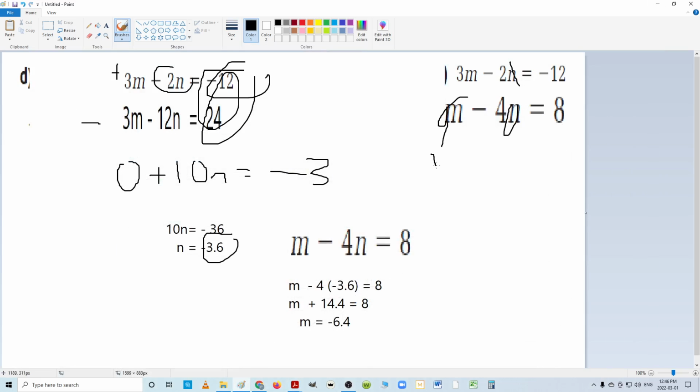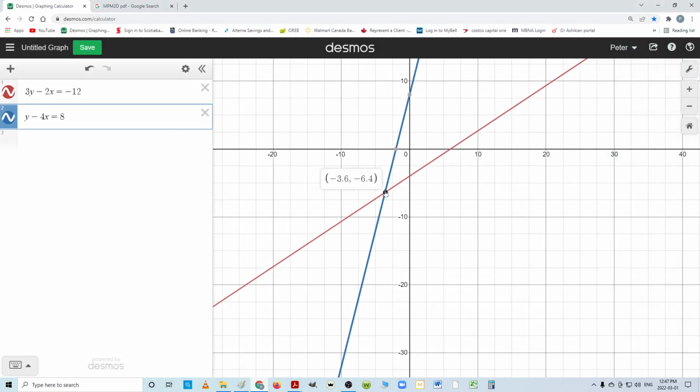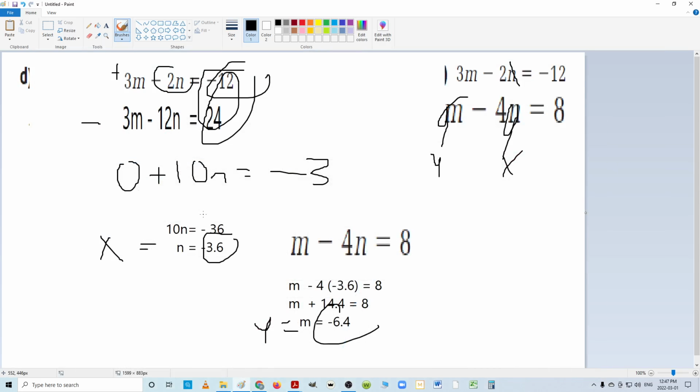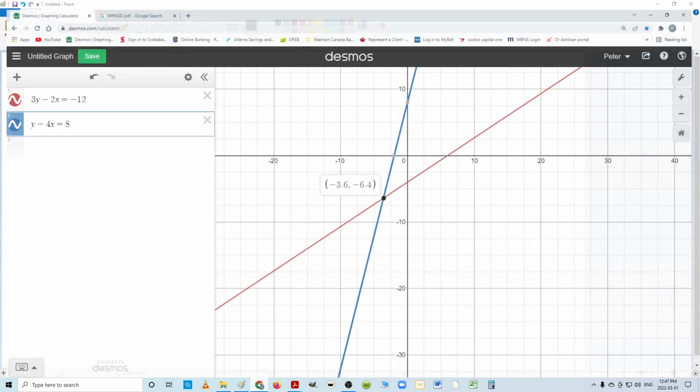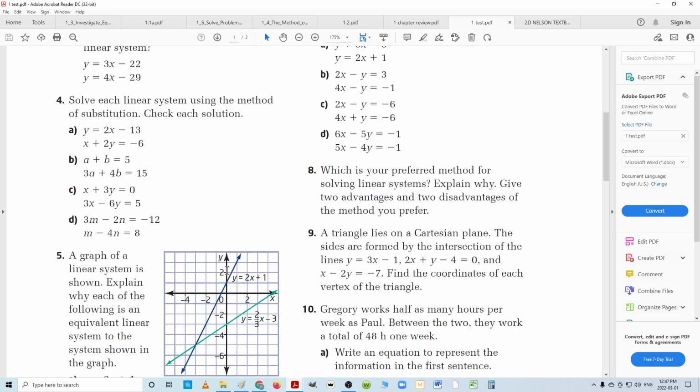So my m's are y's and my n's are x's. That's why when I put it in Desmos, I see the spot that we found. Substitution works no matter what. If you have two missing variables and two equations, you can solve it. So you just continue through your test.